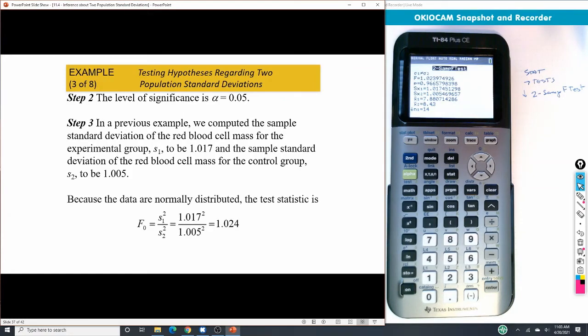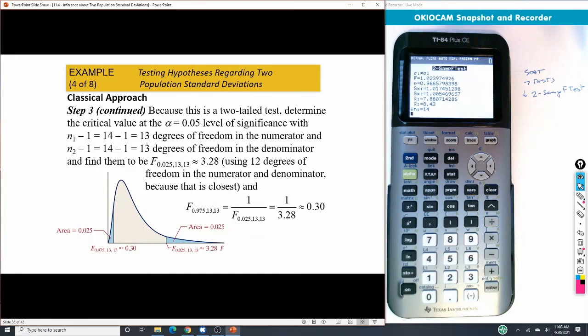Now you can see we got our F statistic, and it does match what our F statistic is there when we do our rounding. Now, because it is two-tailed, you will have to do both the F of 0.025, so dividing that 0.05 in half, and then as well here on the other side.